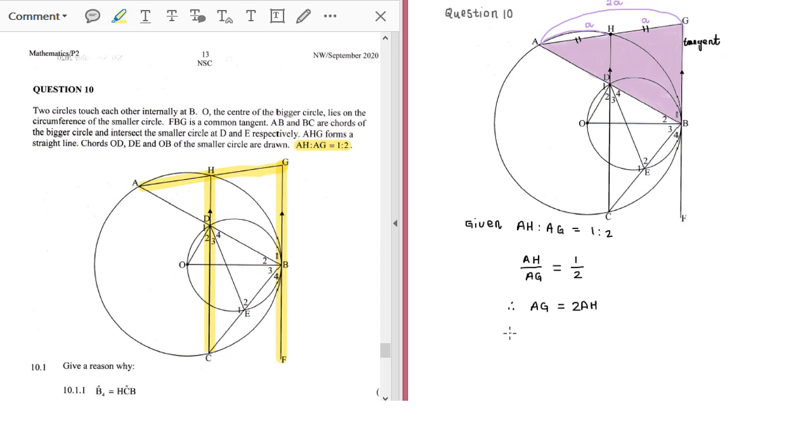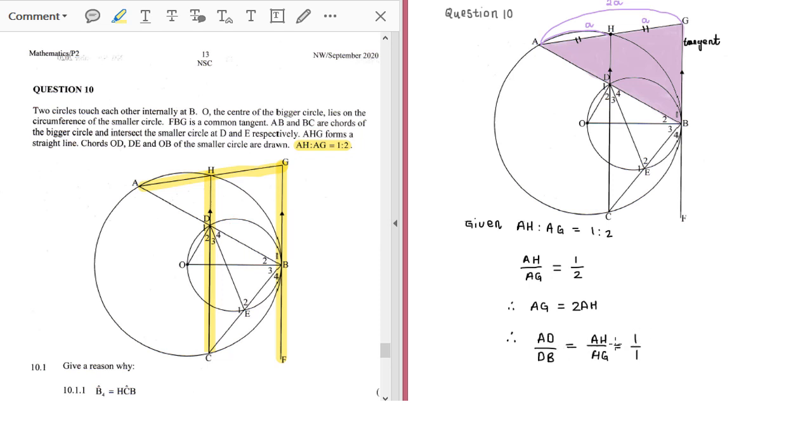So we can therefore say that AD to DB is equal to the same ratio of AH to HG, which is a ratio of 1 to 1.